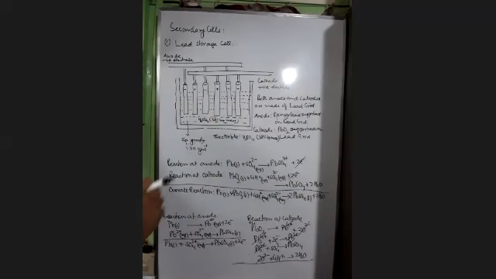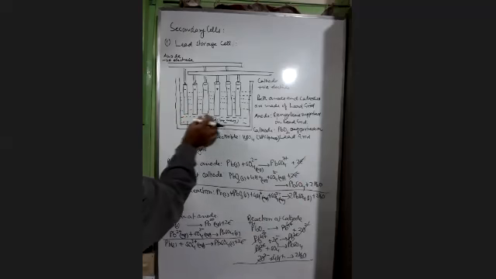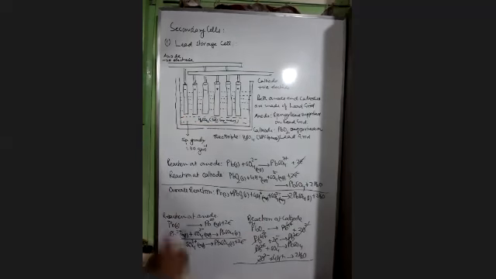But if you go for a heavy vehicle like a bus or truck, or even an inverter, you will find 4 to 6 batteries. This is one battery, this is another one. So it contains 4 to 6 batteries.